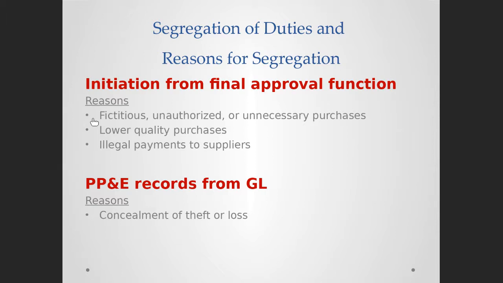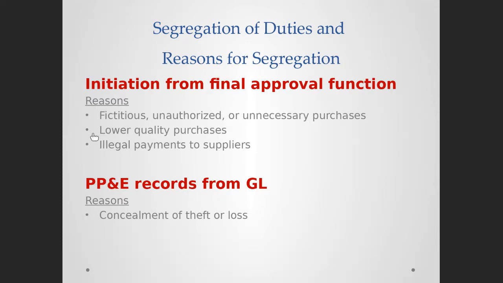If only one person is doing this, they can hide the fact that nothing was delivered and the payment was made. But if it's multiple people, multiple departments, it cannot be hidden. Also, if it goes through final approval, there is an authorization, and if the equipment is not needed, it won't be purchased.